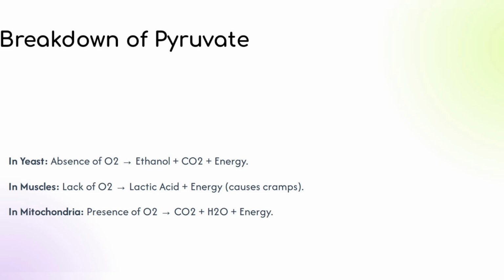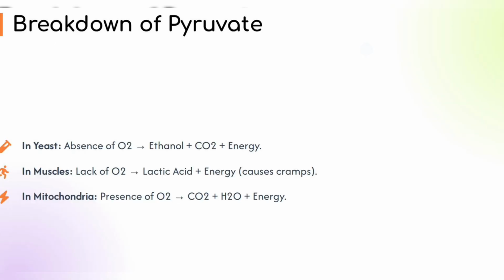This is used in making bread and alcohol. In human muscles, during heavy exercise when oxygen is less, pyruvate is converted into lactic acid plus energy. This causes muscle cramps.